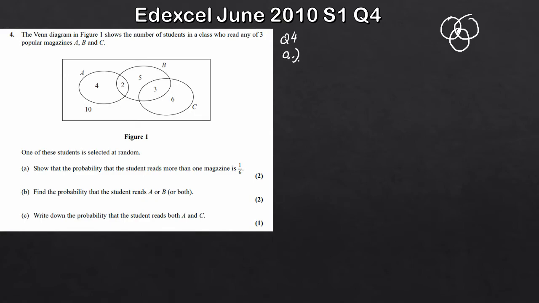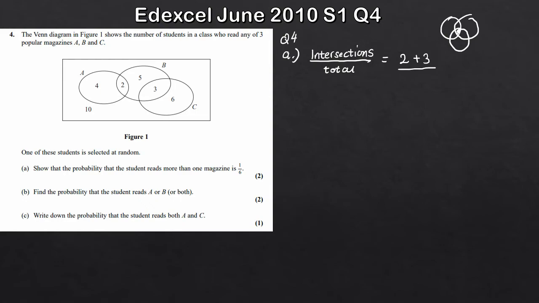So we get this probability by doing the intersections divided by the total number of people. If we add the intersections up, 2 people read A and B, and 3 people read B and C. So that's 2 plus 3 divided by our total number of people, which is what?